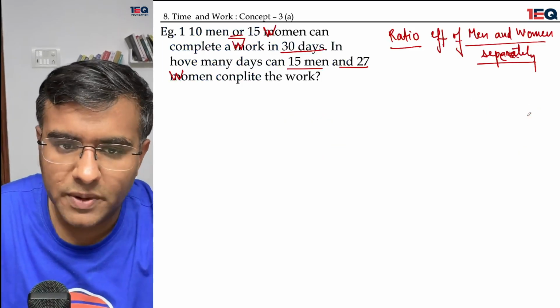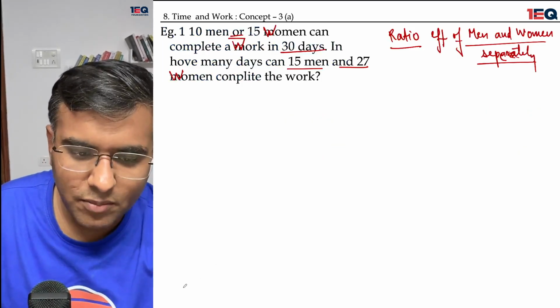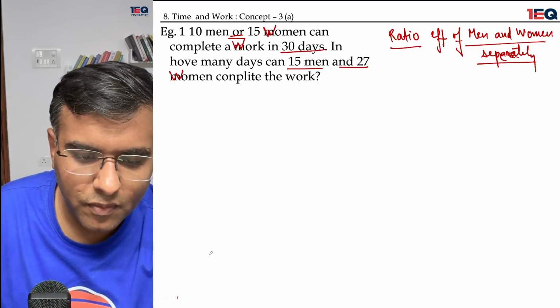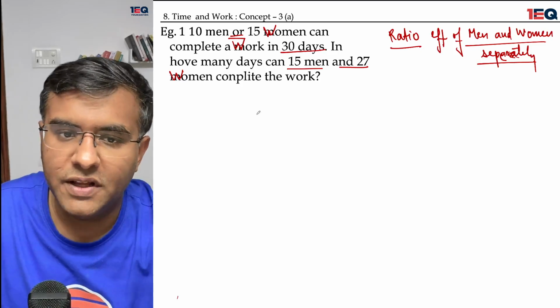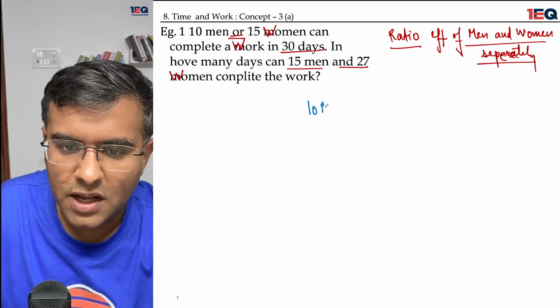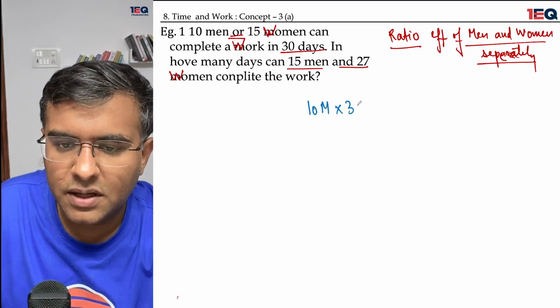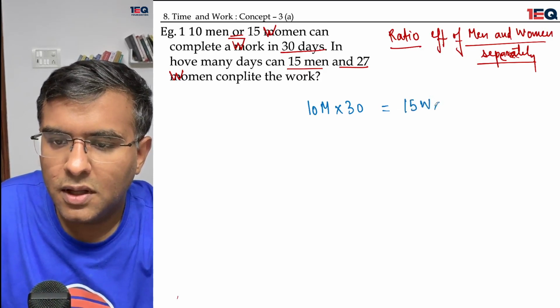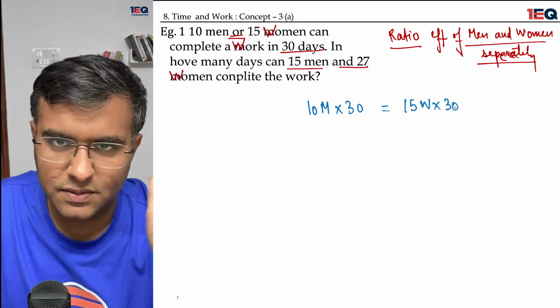So I'll come back to the question. We have 10 men or 15 women can complete a work in 30 days. 10 men can complete a work in 30 days is equal to 15 women, they can also complete the work in 30 days.